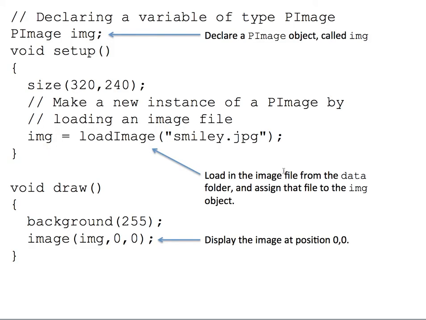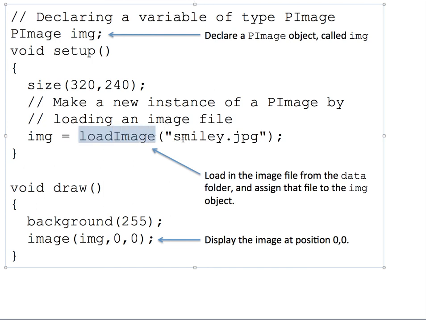First of all, we declare a PImage object called image here, and then in setup we load in the file using the loadImage method and a file name. Again, if you just specify the file name without any path, it will look in the data folder first of all for it.